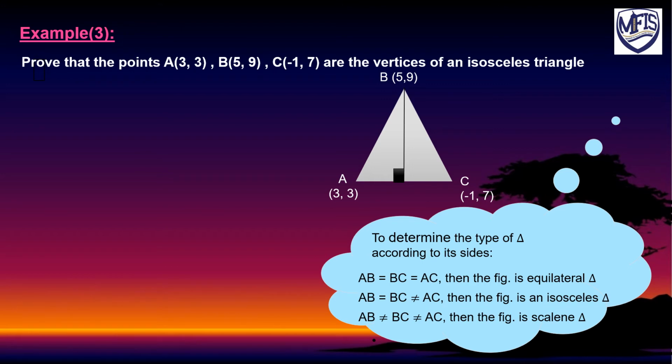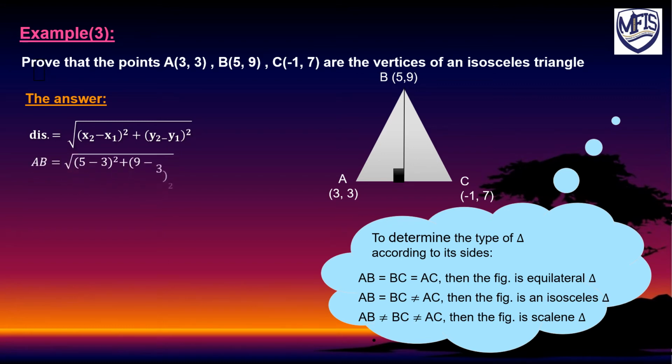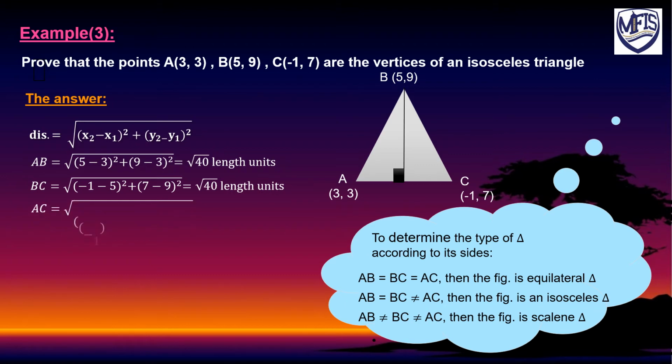Let's see. Now I want to find the length of each side length. Write the rule, then find the length of AB, BC, and AC. AB equals root 40 length units. BC equals root 40 length units. AC equals 32 length units.